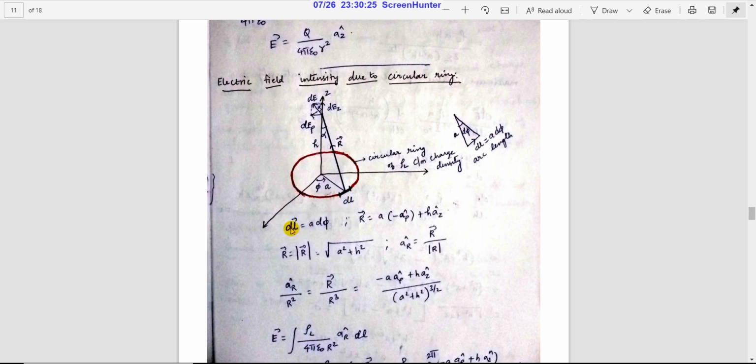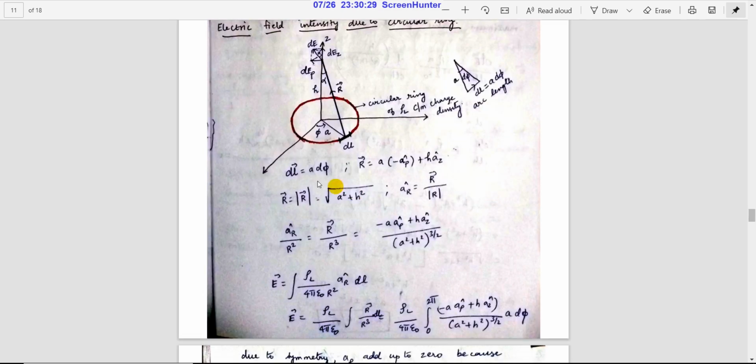So dl is a into d phi, and we have a vector called the r vector from this dl line segment to the point where we are going to find the electric field intensity. The r vector can be found from this diagram.